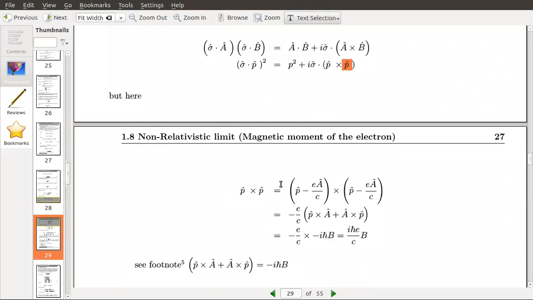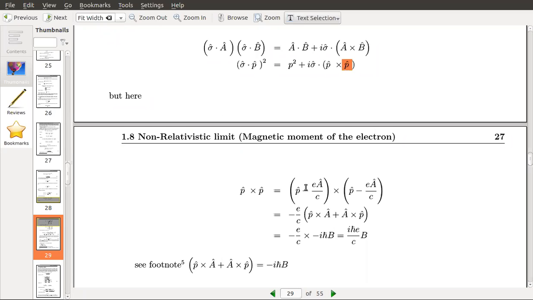After the magnetic interaction, P cross P becomes P minus eA by c cross P minus eA by c. This is not necessarily 0 because these are operators. So we have to take care. Now you multiply; 4 terms will come. Out of this, P cross P becomes 0, A cross A becomes 0.